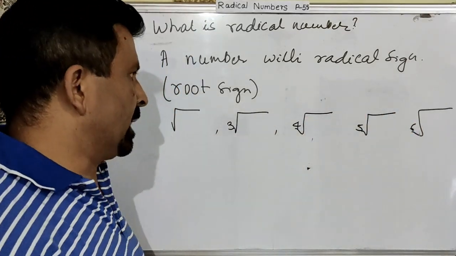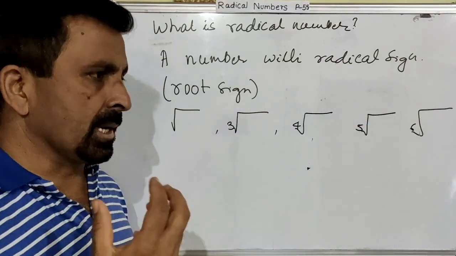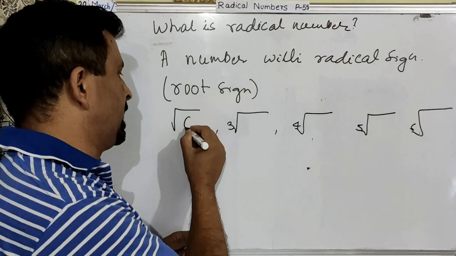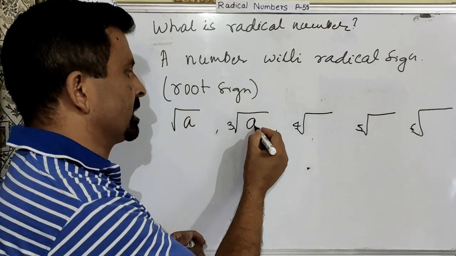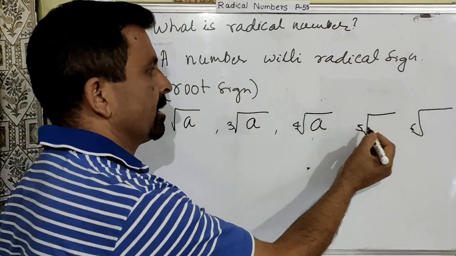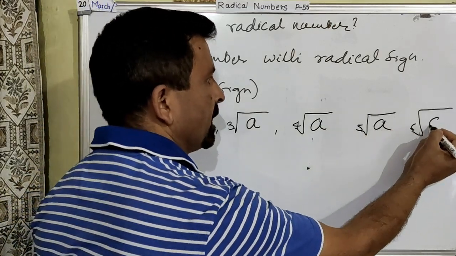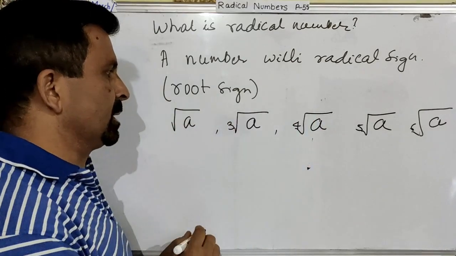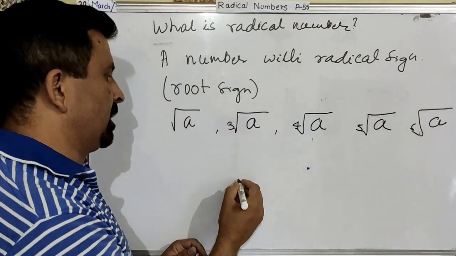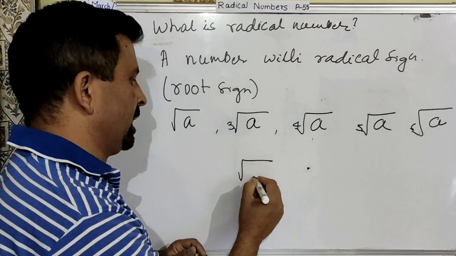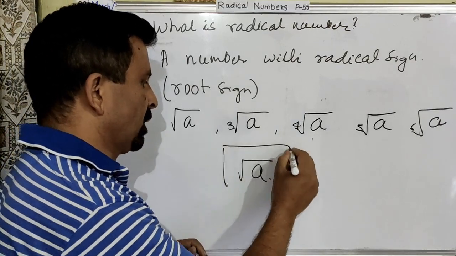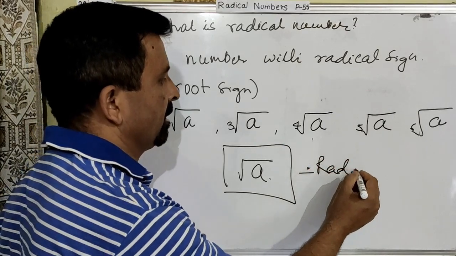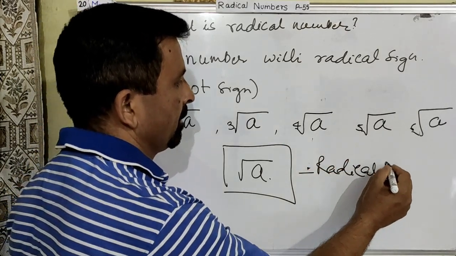Is it okay? And this radical sign will contain a number inside it. Suppose here this is A, then here also I can write the same number. Now, when you write it exactly in this form, then this root A, as a whole, is called as radical number.